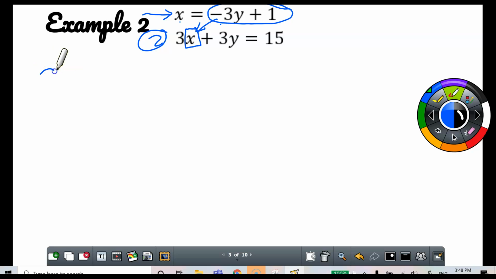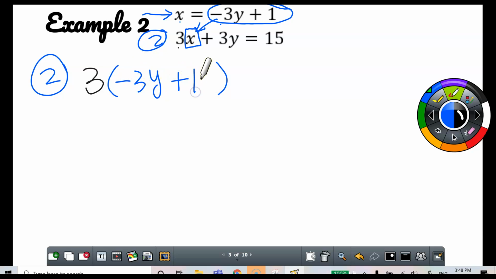Okay? And rewrite the second equation. From the beginning is 3. Next is x, but instead of putting x there, you put its representation there, which is negative 3y plus 1. And keep copying the second equation, plus 3y equals 15.